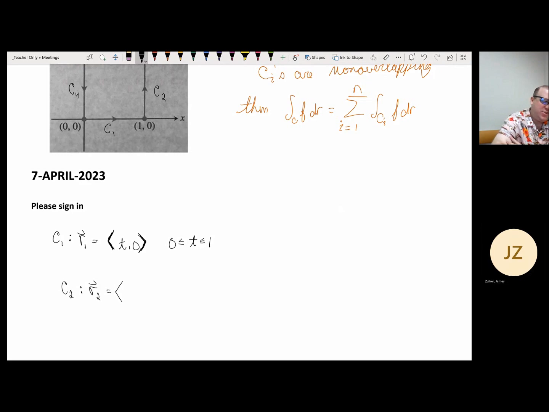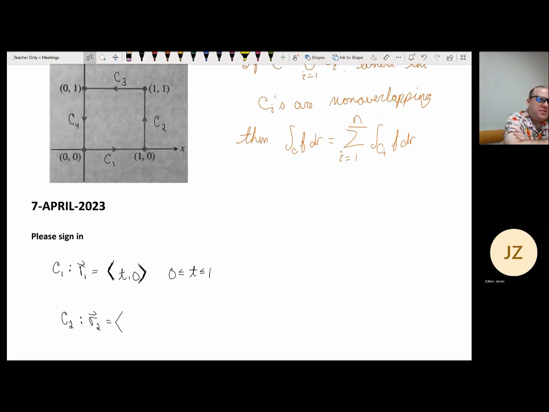Right, parameterize C2. Well, X is constant. Right, it's always 1.